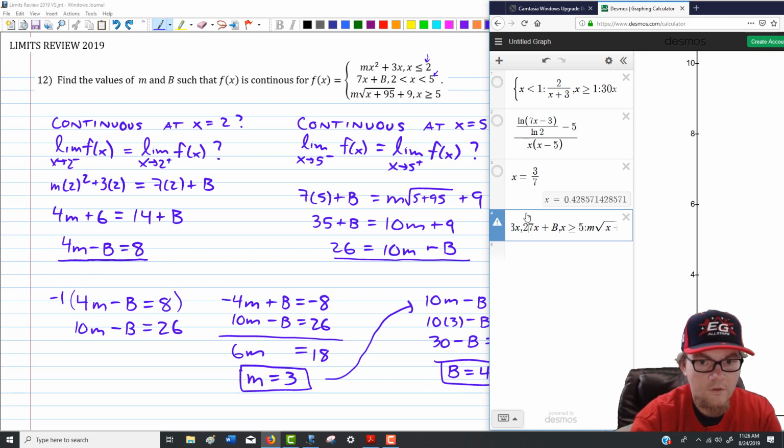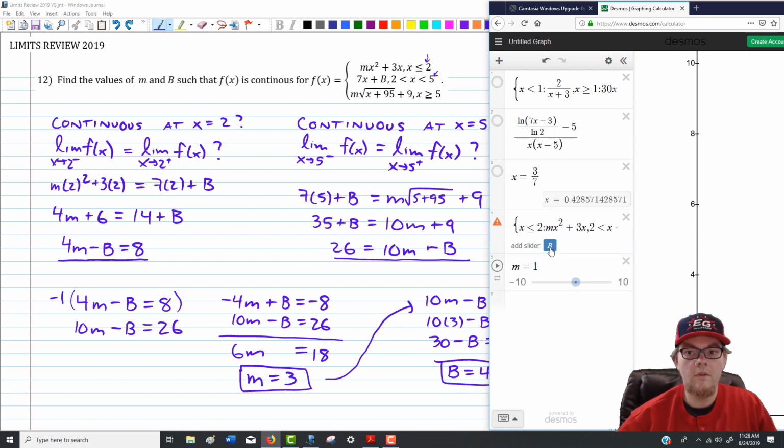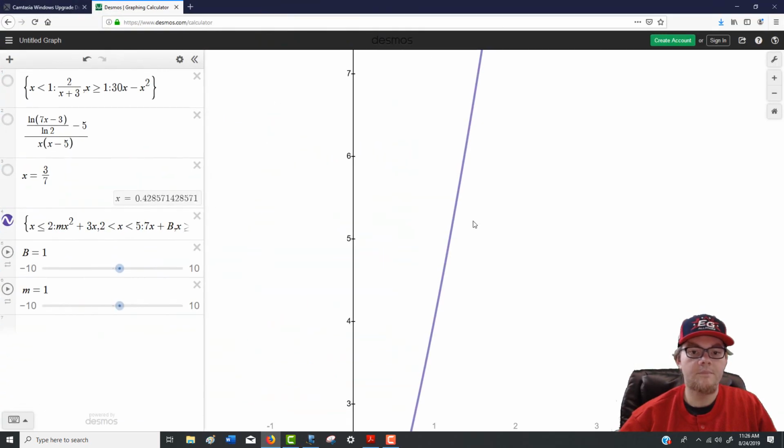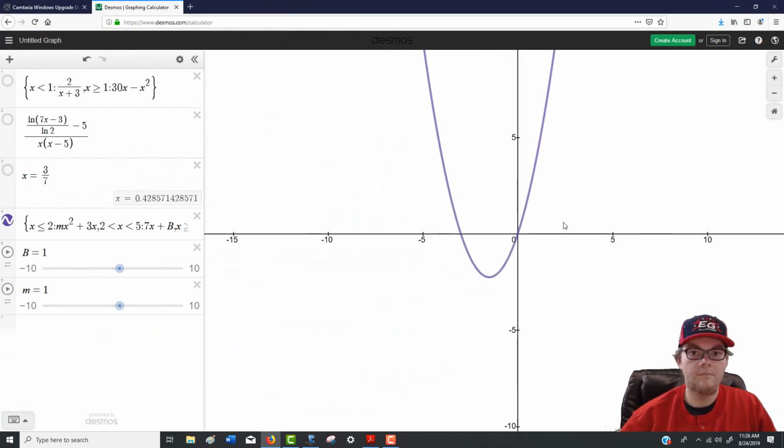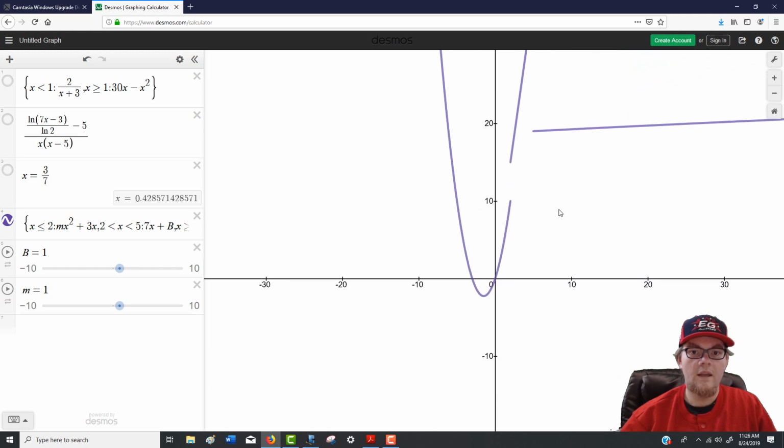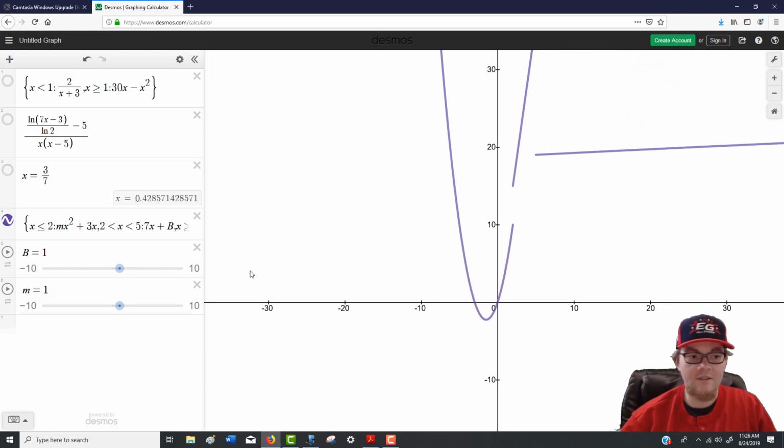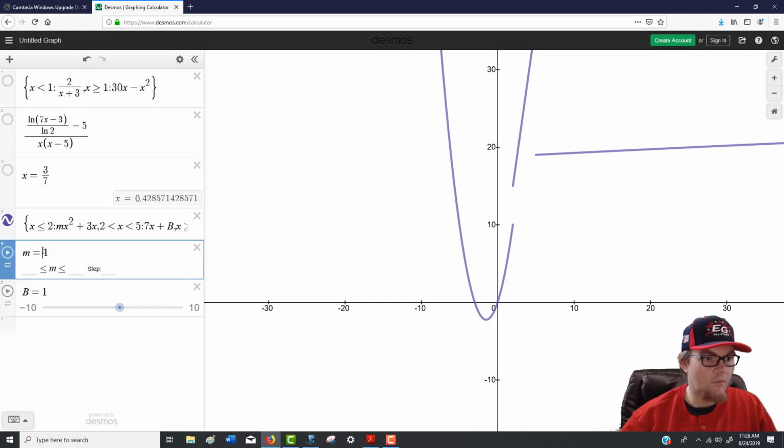We're going to have 2 less than x less than 5. And then we've got x less than or equal to 2. Okay, so let's try these both. As of right now, here's our function. Doesn't show a whole lot. Yeah, that's not continuous. That's just not it. We said we wanted, I think it was m was 3?